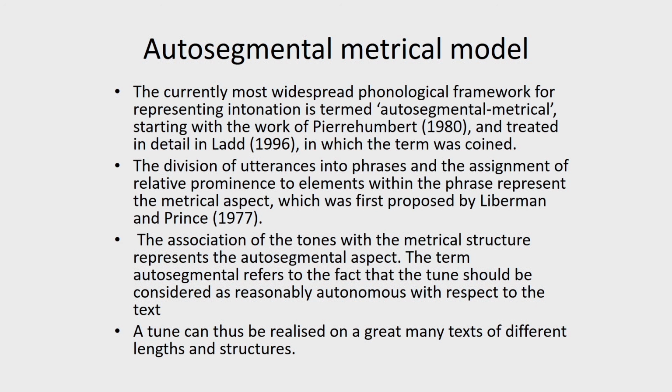When we say autosegmental, what does it mean? It refers to the fact that tone should be considered autonomous with respect to the text. We saw that when we looked at 'He forgot the erasers', which we can say as a question, as a surprise, or as a declarative sentence, and we see that the tune is autonomous of the text.